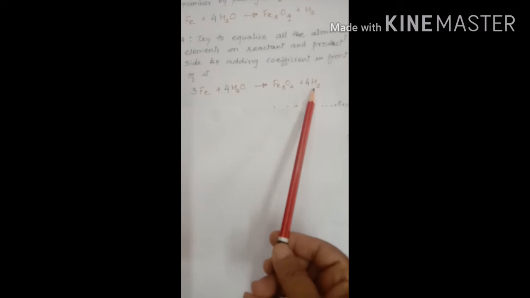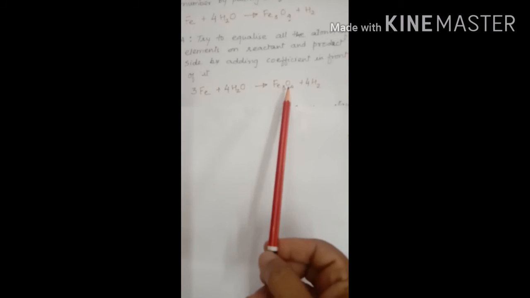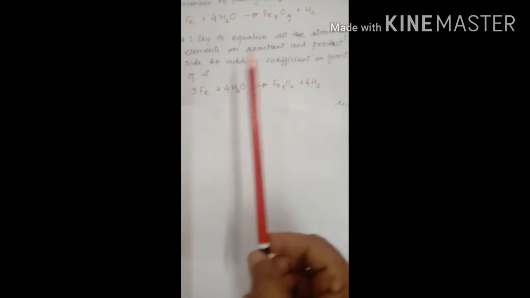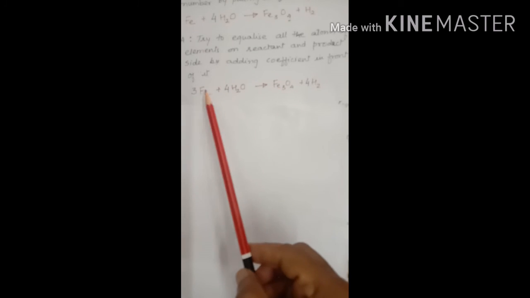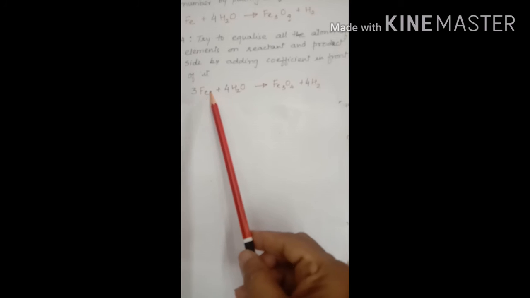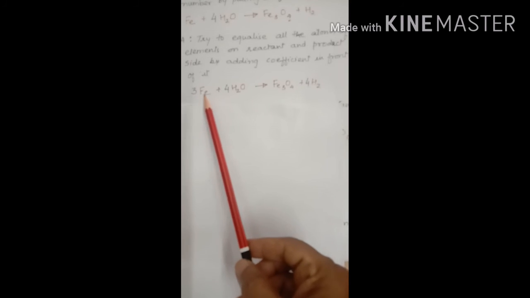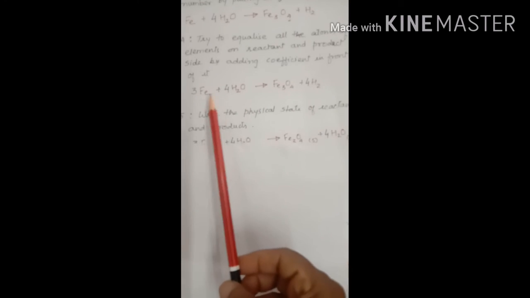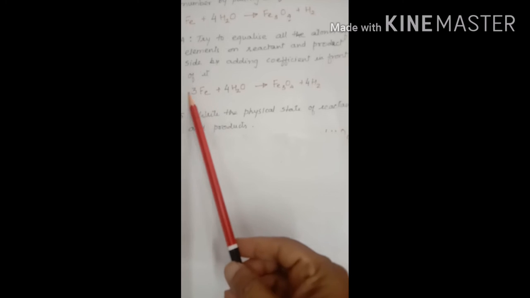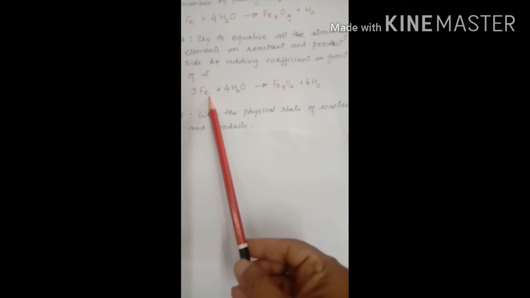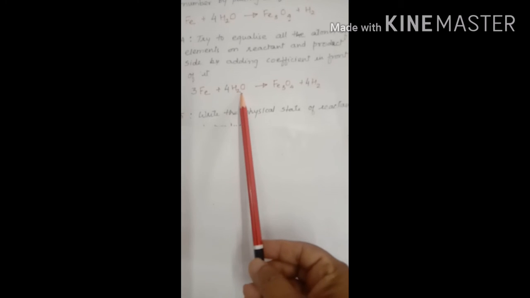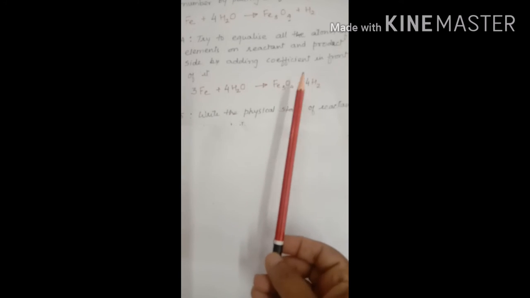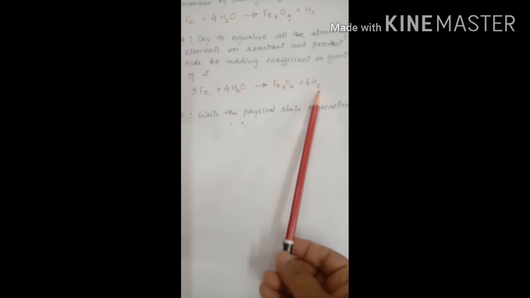So here again we write 4. Now hydrogen is balanced, oxygen is balanced, but iron is 3 on this side, so by writing 3 over here we make 3 Fe. Now it is balanced: 3 atoms of iron react with 4 moles of water to give 1 mole of Fe3O4 and 4 moles of hydrogen.